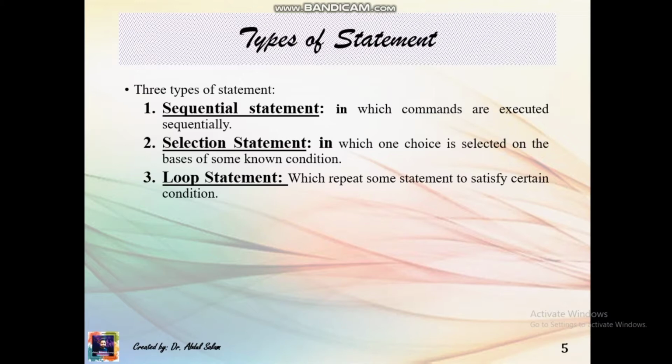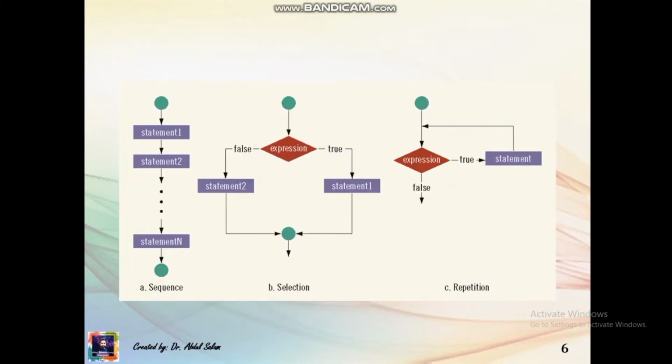The third one is the loop statement, which repeats some statements to satisfy a certain condition. Here you can see statement 1, statement 2, up to statement n. It is a sequential statement which is executed in a sequence.